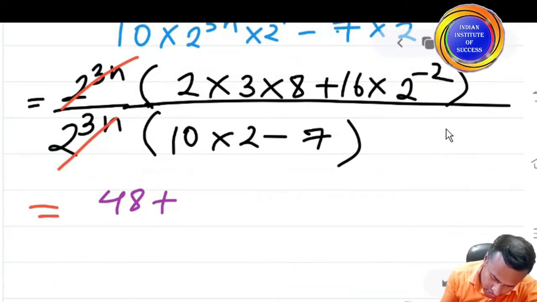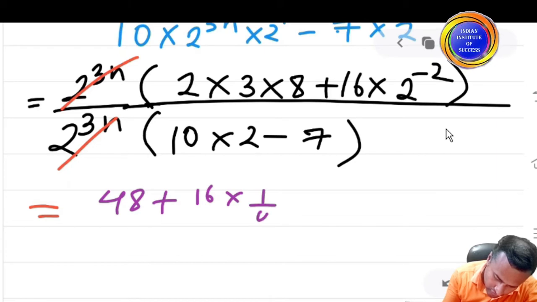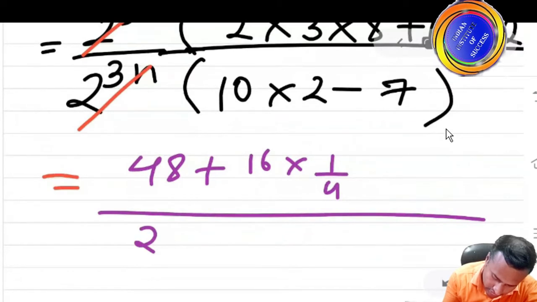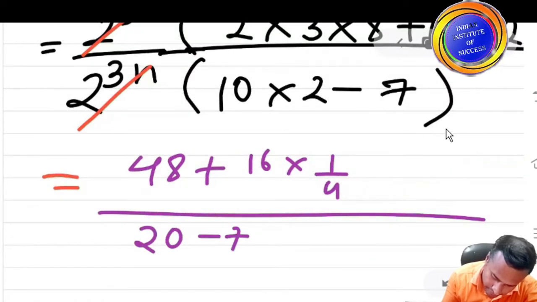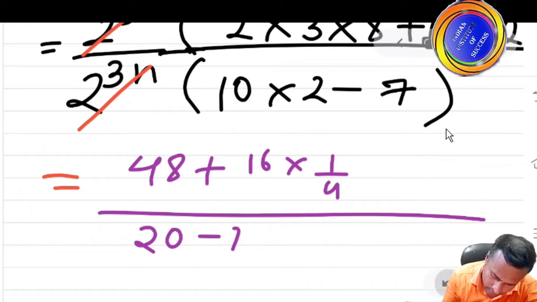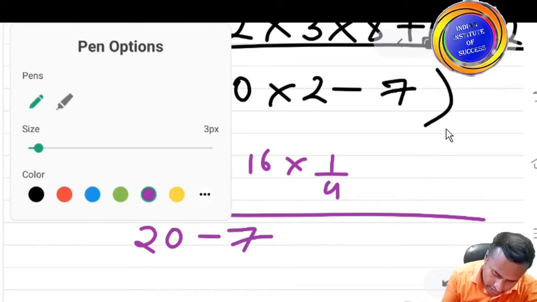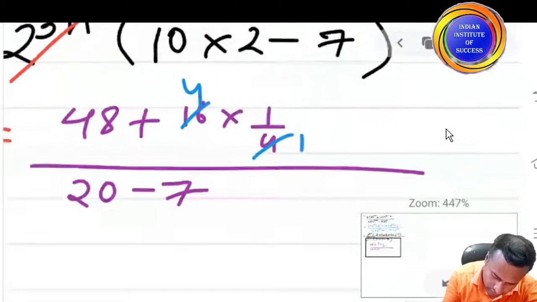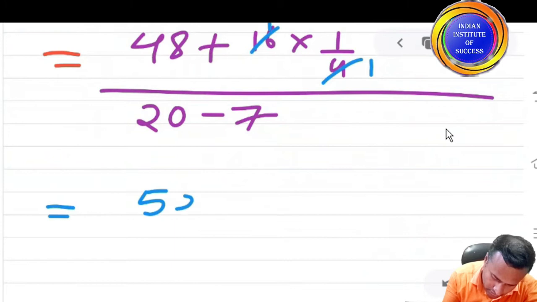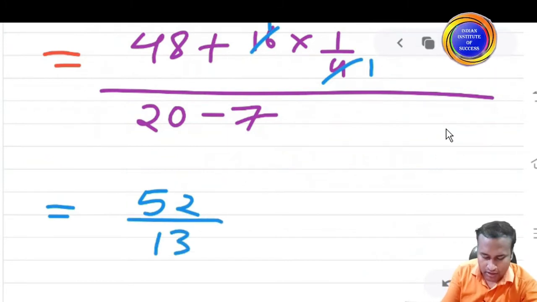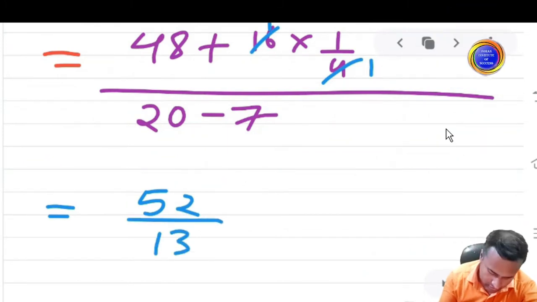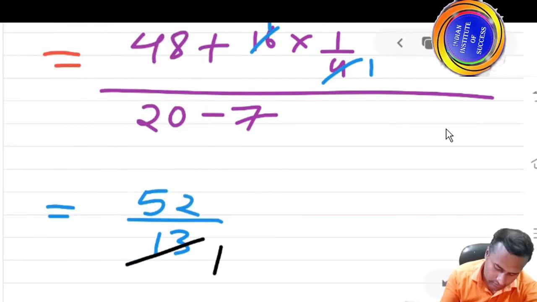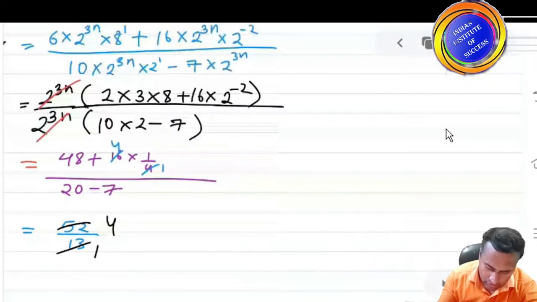So it means 16 into 1 upon 4, upon 10 into 2, 20, 20 minus 7. Here we can cancel out 4 and 4. 4 4 is 16, 48 plus 4, 52, 52 upon 13. Now 52 upon 13 we can solve it. 13 4 is 52. So it is equal to 4.